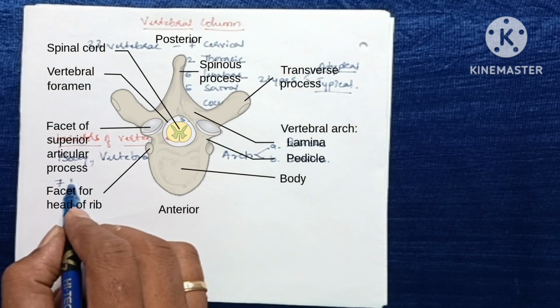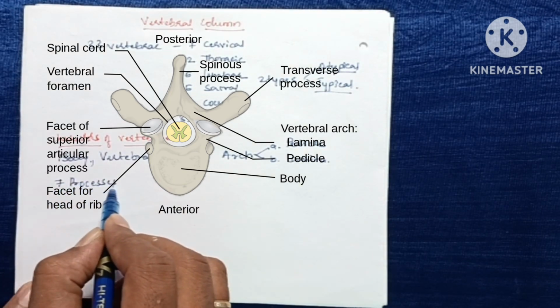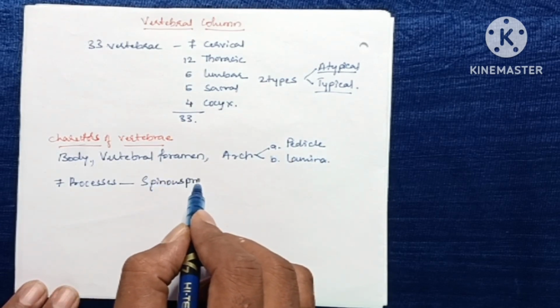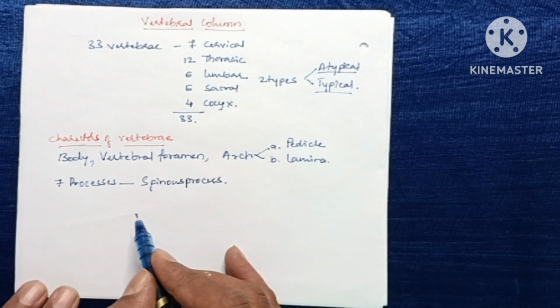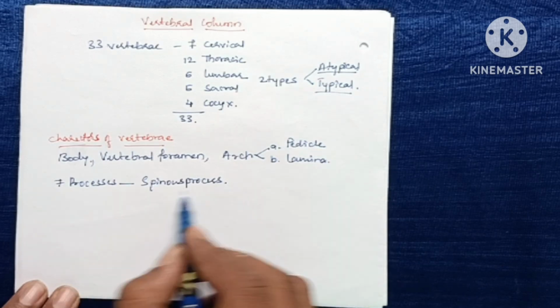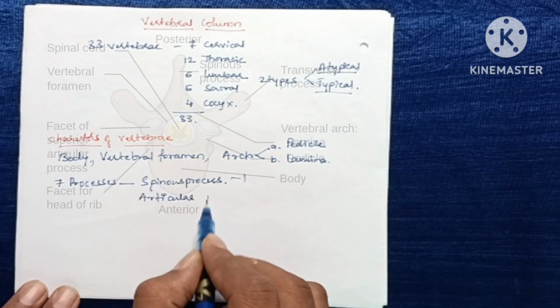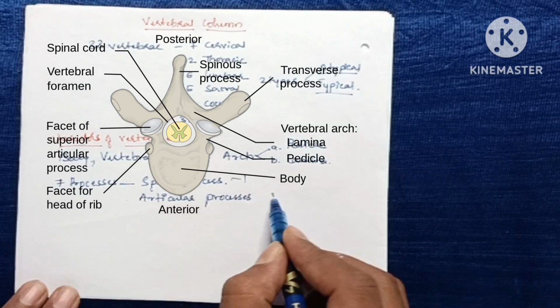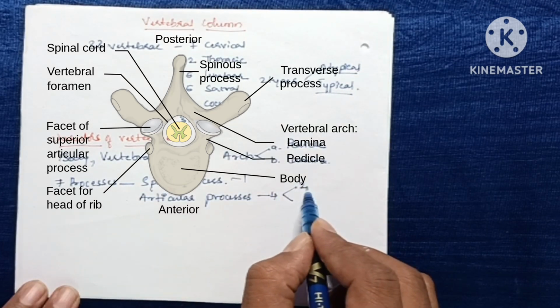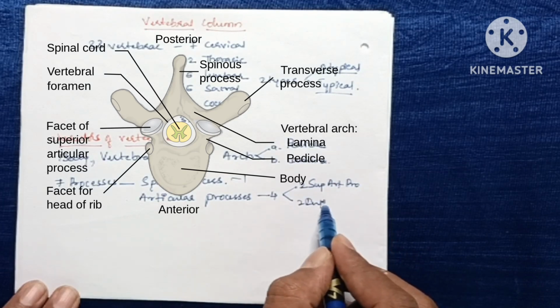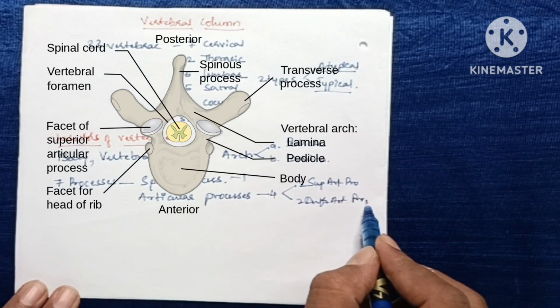There will be 7 processes. Among them, the spinous process is 1, and the articular processes: superiorly 2 and inferiorly 2, a total of 4 articular processes.